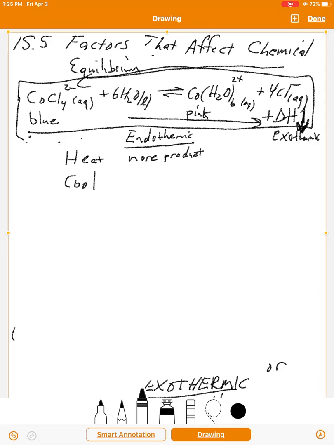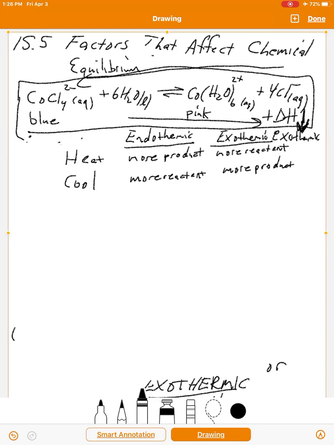If you cool it, it should produce more reactant. And if it's exothermic, which was our second example, the one with the cobalt, then heating it should produce more reactant, and cooling it should produce more product.